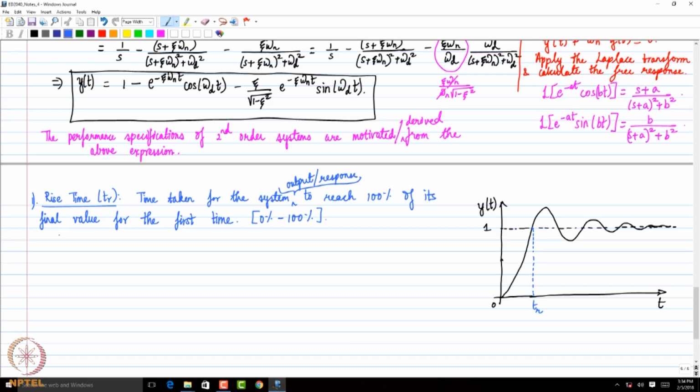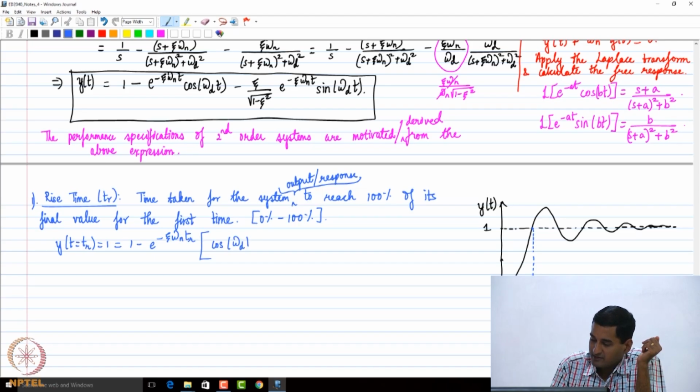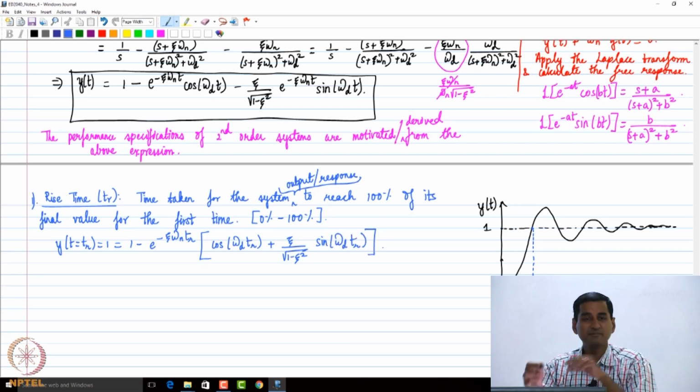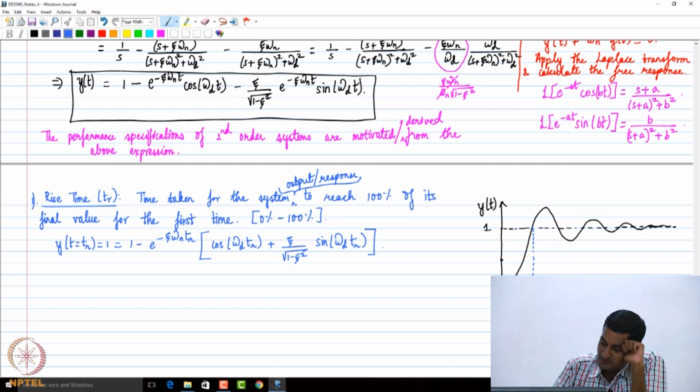So use this equation. y at t equals tr is equal to 1, which is nothing but 1 minus e power minus zeta omega n tr multiplying cos omega d tr plus zeta divided by square root of 1 minus zeta square times sin omega d tr. I am just taking the exponential term common from the second and third terms. That's what I have done. So what does this imply?